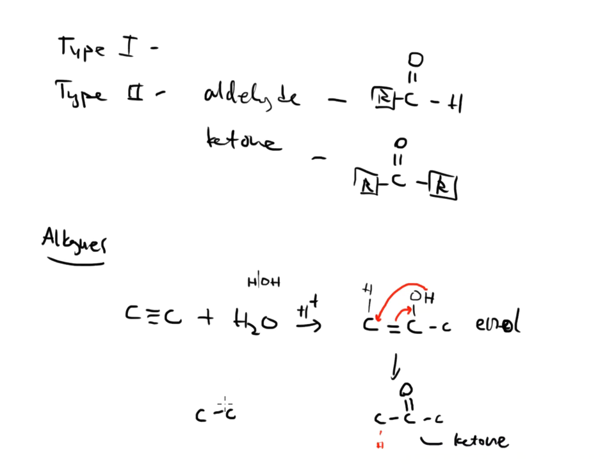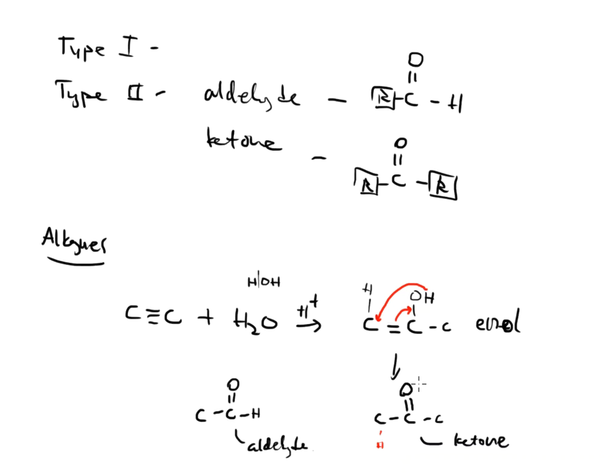Now, if the double bond carbon has an OH, and we see some rearrangement, and on the other side of that carbon we have a hydrogen, folks, this is our aldehyde group. So we've already been exposed to aldehydes and ketones. We've already done one reaction in order to make the aldehydes and ketones, and all of these are fair game.